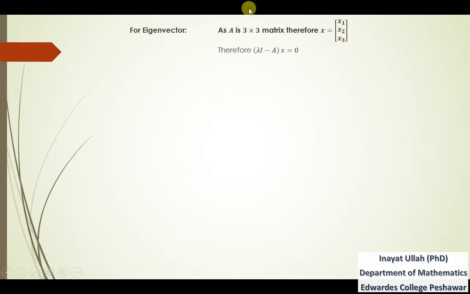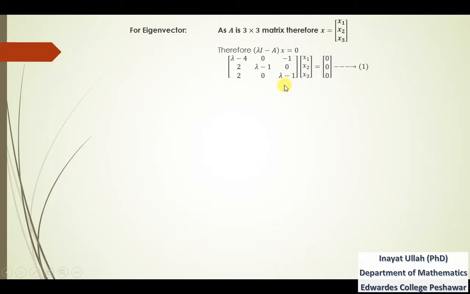So for the eigenvector, we take this equation, and the value of lambda I minus A is this from the previous slide, and X is actually this vector, 0 is actually the zero vector.